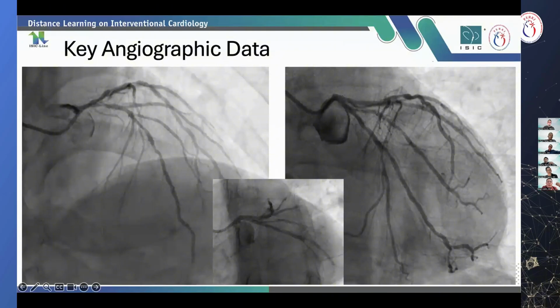Would you use a regular balloon to prepare the lesion, or a specialty balloon like cutting or scoring, or whether you need atherectomy, or IVUS first maybe? I think the first thing we determine is whether the problem is the LAD.